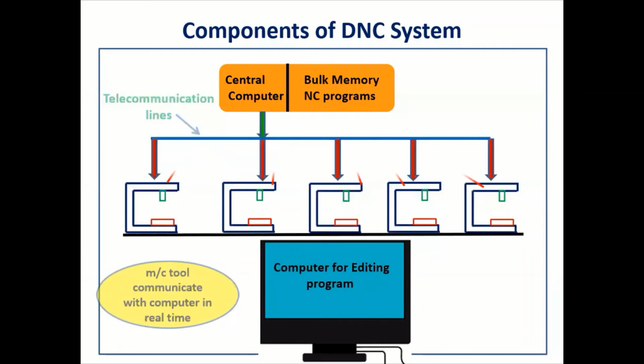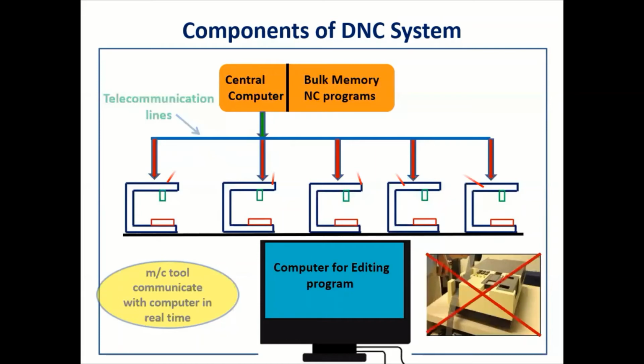Then in DNC, as we know, we are not using any punch tape or tape reader, so there is no limitation on the size of the programs we are storing, as a bulk memory is available and more programs can be stored.